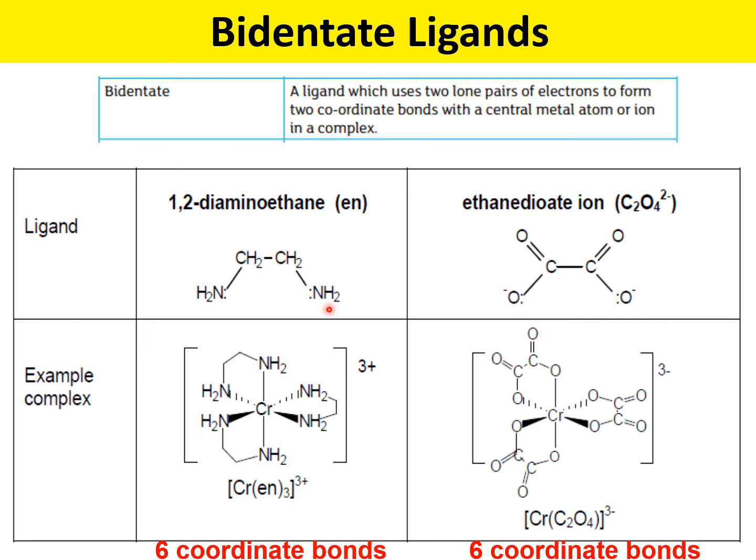And the other example is the ethanedioate ion, which comes from ethanedioic acid, where you have a lone pair on each oxygen. These ligands can form 2 coordinate bonds to the transition metal ion. In both of these complexes, even though there are 3 ligands, each complex has 6 coordinate bonds.